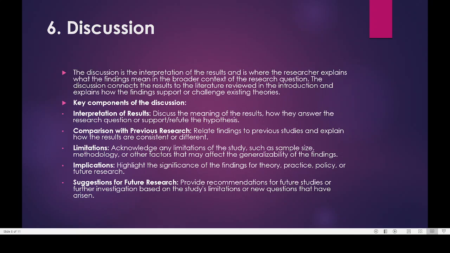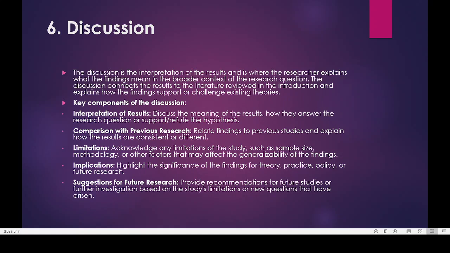So discussion is an interpretation or explanation of the result, and is where researchers explain what findings mean in the broader context of the question. Discussion connects the result to the literature review. Because in the review of literature, you have been mentioning that only 100 species of birds have been found.